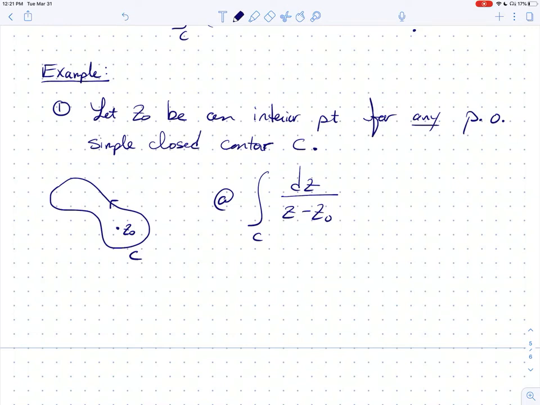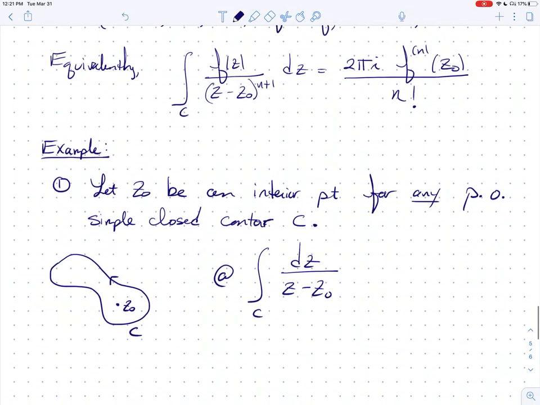Well, the way to view it is to realize that what you want is to think about this denominator, z minus z naught, to the n plus 1. So I've got a 1 sitting here, so this is really to the 0 plus 1. So I'm going to rewrite that so we can see it.